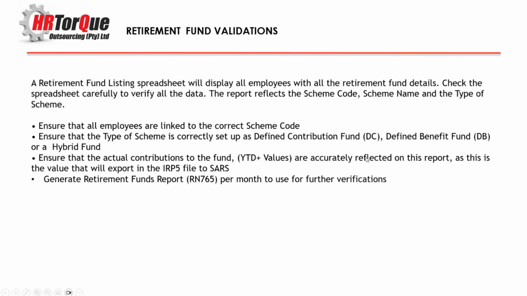Make sure that you've got those selected correctly, because the defined benefit funds and the defined contribution funds are handled just ever so slightly differently from a taxation point of view, as far as the fringe benefit side of the situation is concerned.